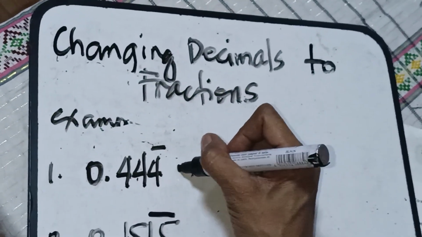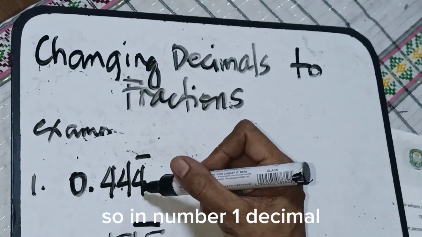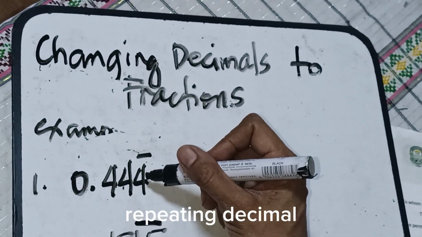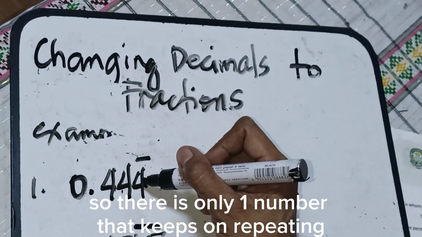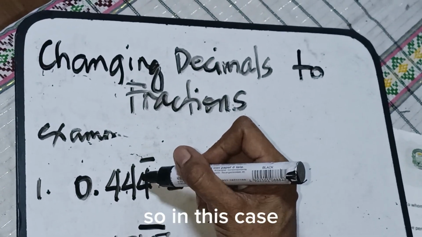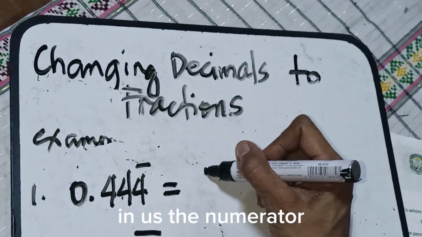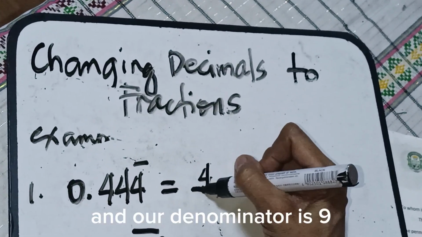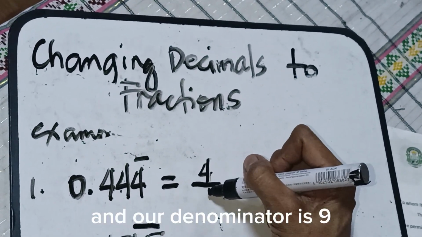First, in number 1, a repeating decimal, there is only one number that keeps on repeating, and that is 4. So in this case, you will write 4 as the numerator and our denominator is 9.